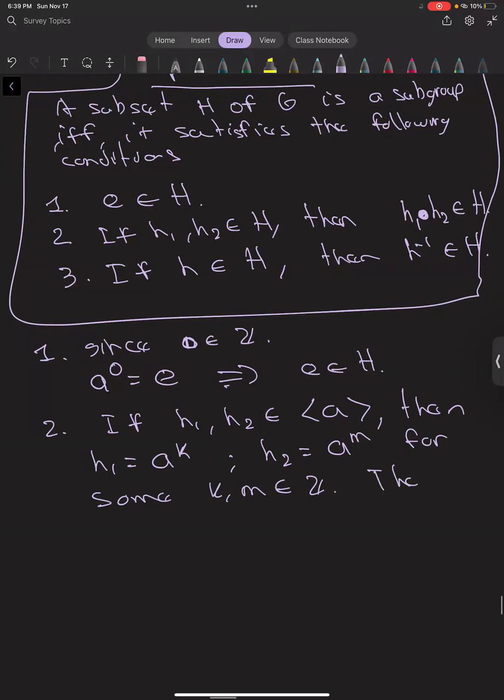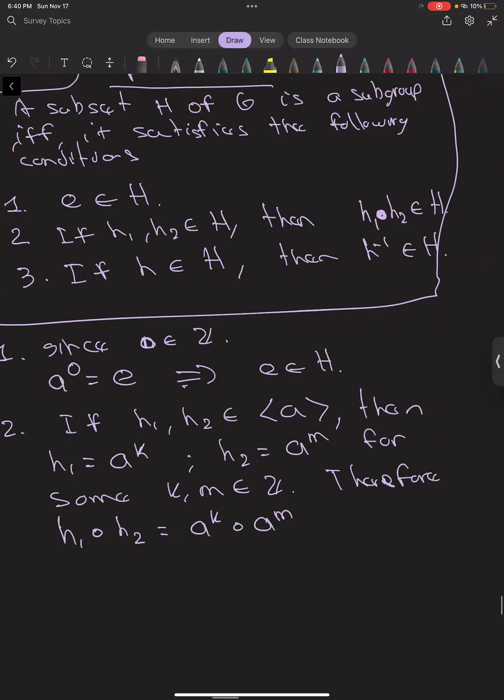Therefore h1 operation h2 equals a^k operation a^m, and by the definition of this operator, this equals a^(k+m).